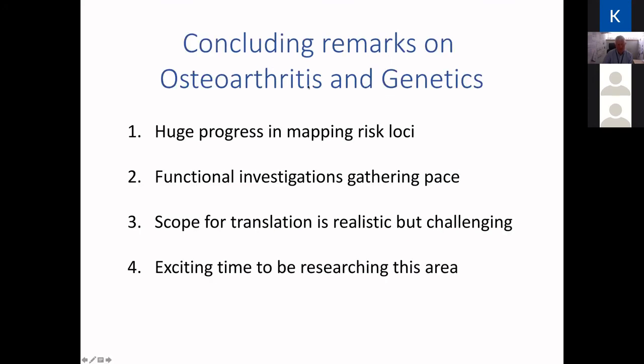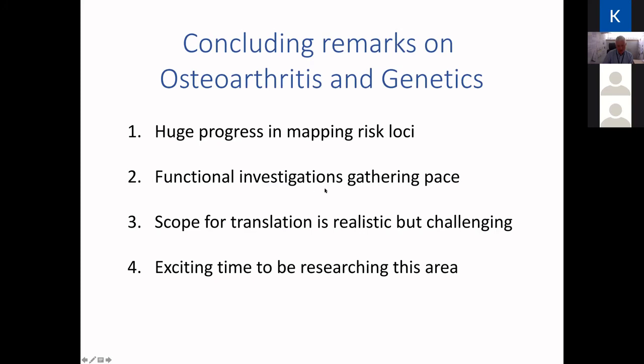So just to conclude remarks on this, there has been huge progress in the mapping of risk loci for osteoarthritis. Genome-wide association studies have identified over 120 risk loci so far, and many more will be following in the near future. Functional investigations are gathering pace, so this is combining in silico analyses, but also direct laboratory-based studies.